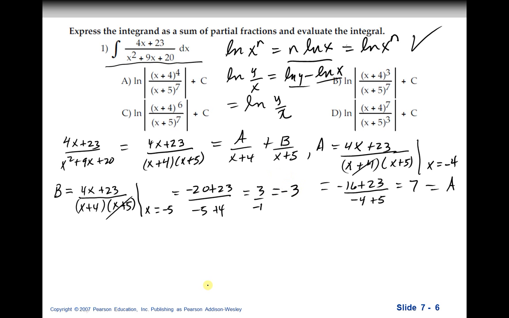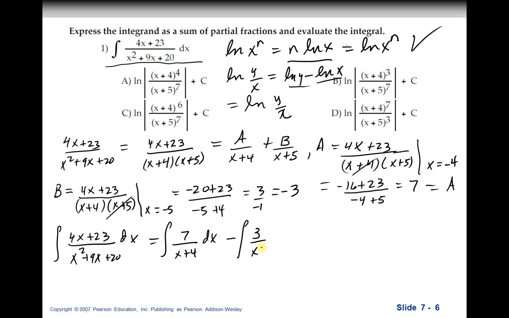So the integral of 4x plus 23 divided by x squared plus 9x plus 20 dx is equal to the integral of 7 over x plus 4 dx minus the integral of 3 over x plus 5 dx, which equals 7 ln of the absolute value of x plus 4 minus 3 ln of the absolute value of x plus 5 plus a constant.